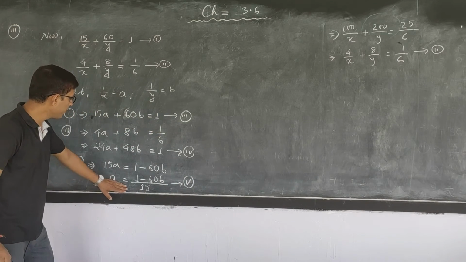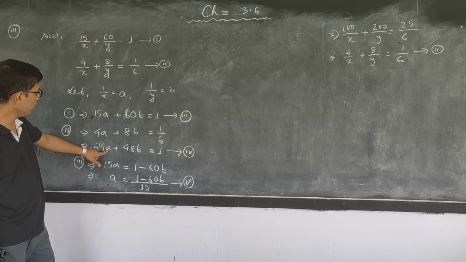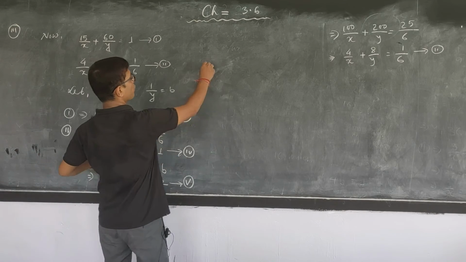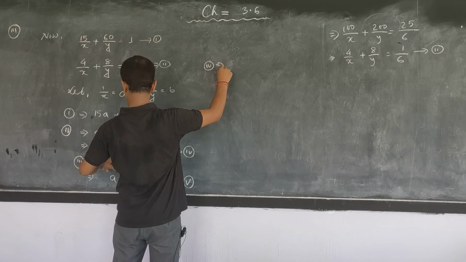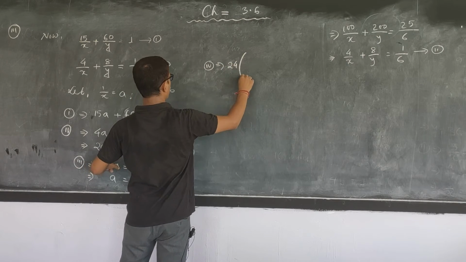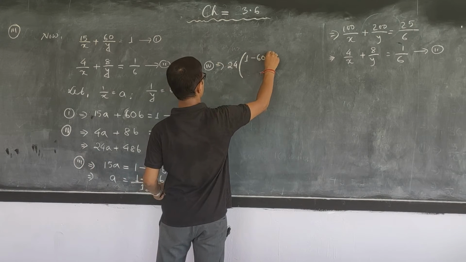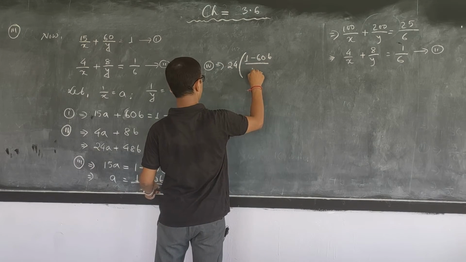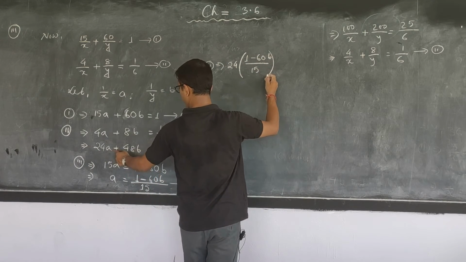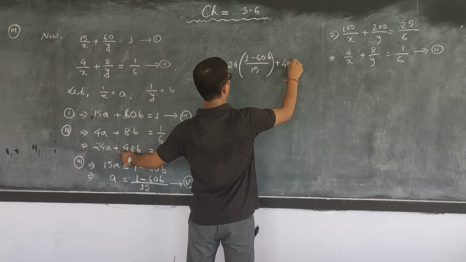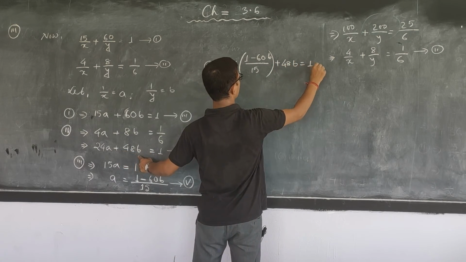Now this is equation number 5. This a value I am going to substitute here in equation number 4. So equation 4 will imply 24 times a. What is a? We have a is (1 - 60b) whole divided by 15, then plus 48b is equal to 1.